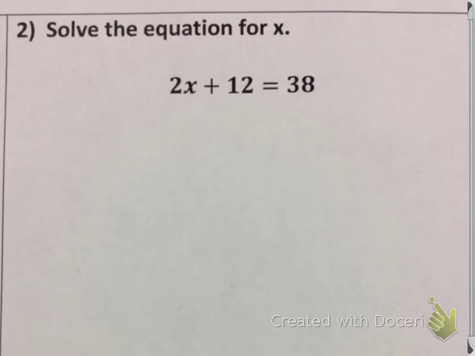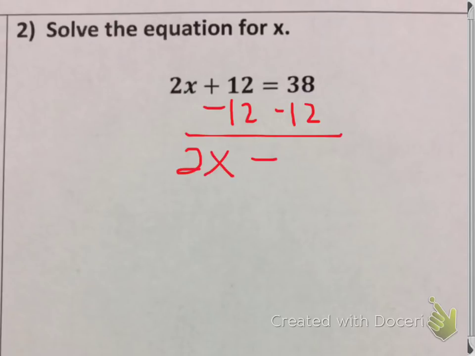So I'm going to subtract that 12 to the other side and go from there. So minus the 12 to the other side. If you do it to one side of the equal sign, you have to do it to the other side. So over here I have this 2x that's going to be brought down. And then on the other side I have 38 minus 12, which is 26.